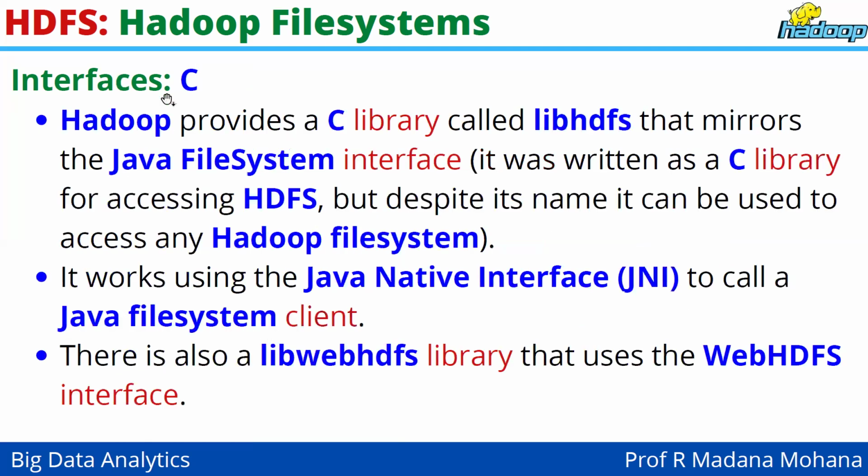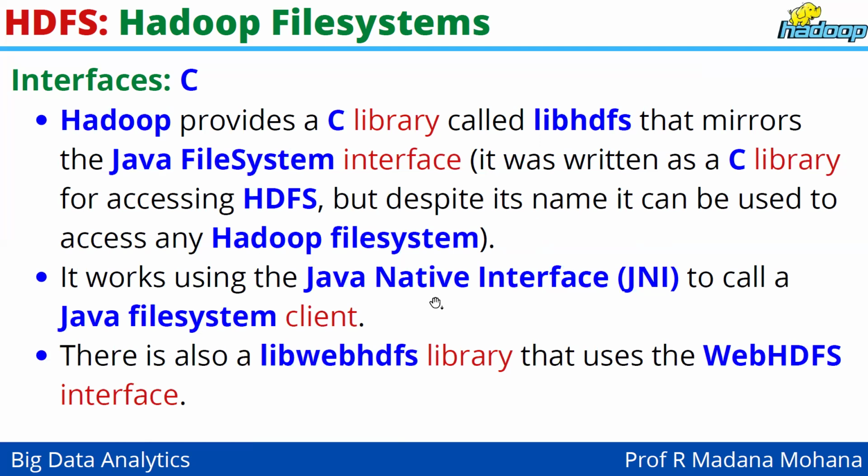Then coming to another interface, the C programming language. Here Hadoop provides a C library called libhdfs that mirrors the Java file system interface. It was written as a C library for accessing HDFS, but despite its name, it can be used to access any Hadoop file system.